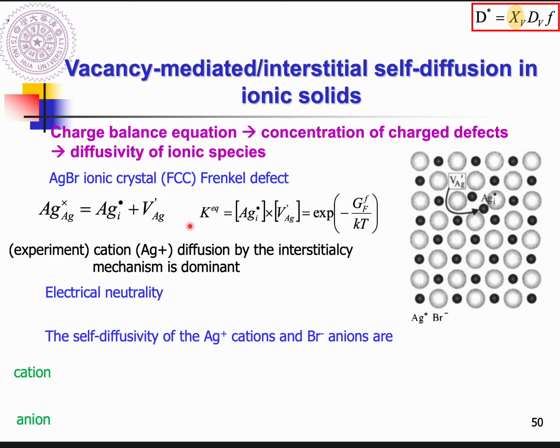So based on this equation, you can write down the equilibrium constant under the equilibrium condition: the fraction of this one times the fraction of this one equals exponential of minus Frenkel defect formation energy divided by kT. And due to electrical neutrality, we have the same number of silver interstitials and vacancies at the silver site, so this one equals this one.